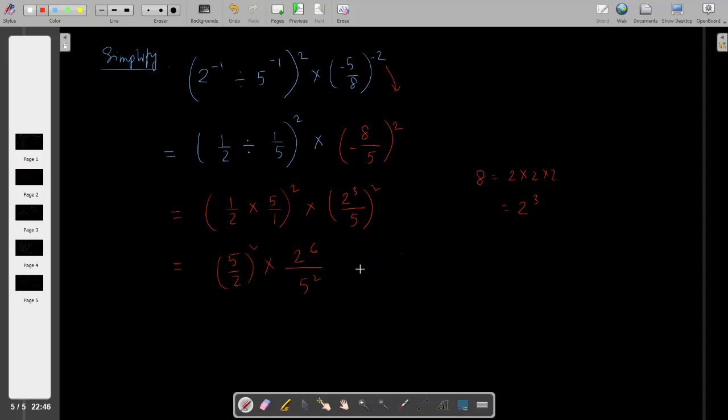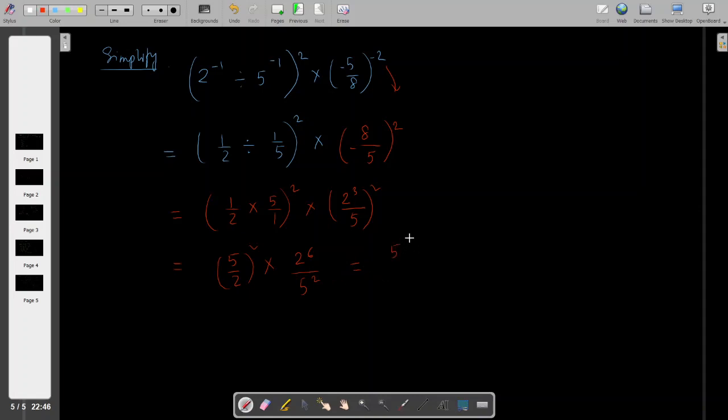I've just opened the brackets, so here what you will get, you will get 5 square by 2 square. Instead of doing this, let me keep it like this. Wait. No. I have to open it only. So 2 to the power 6 by 5 square.